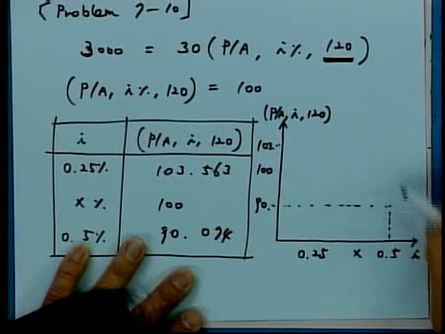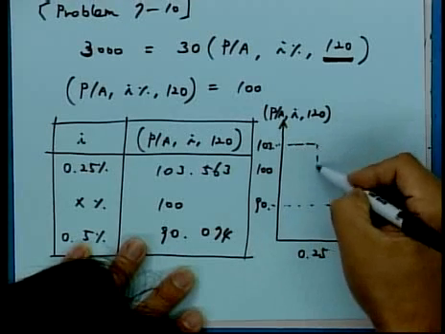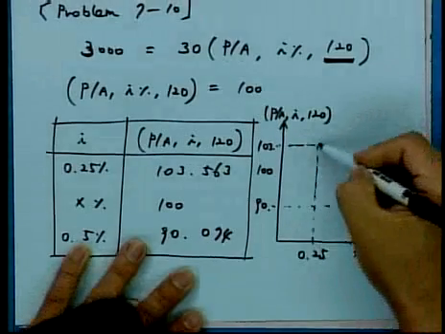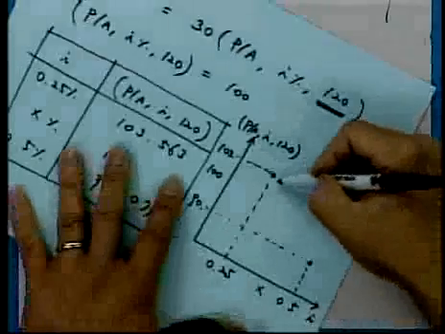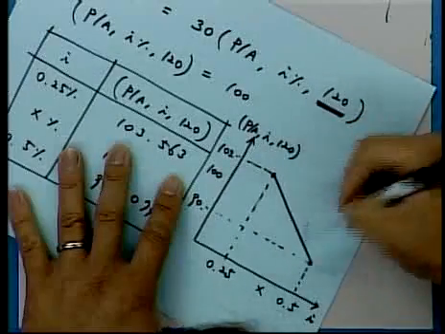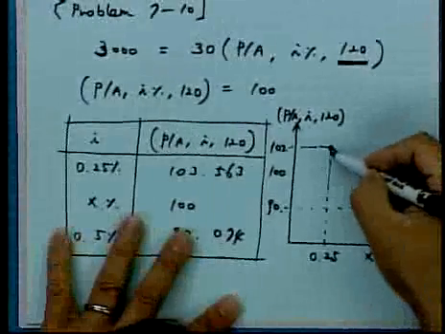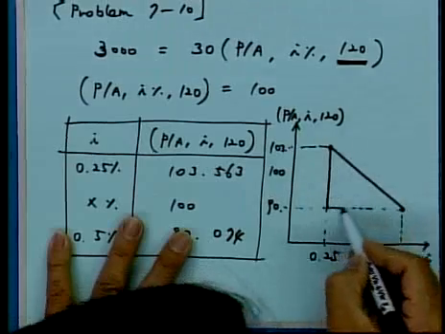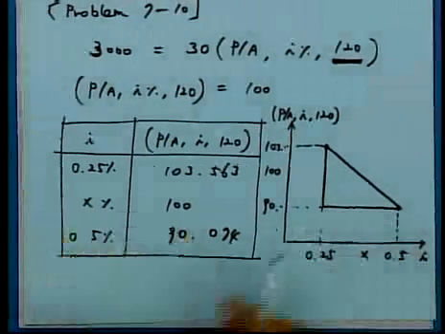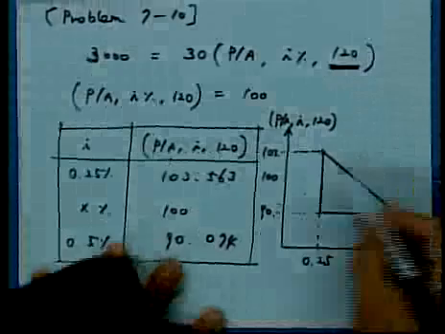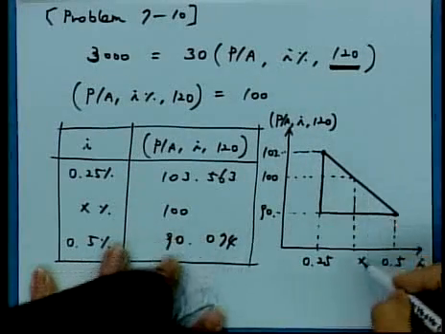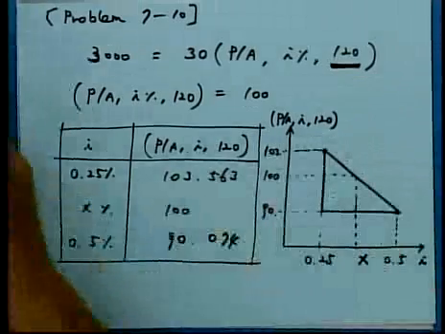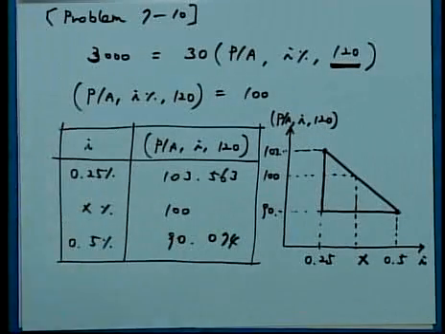So we have these two values, and you need to connect these two to make a big triangle, and then we get a small triangle as well.